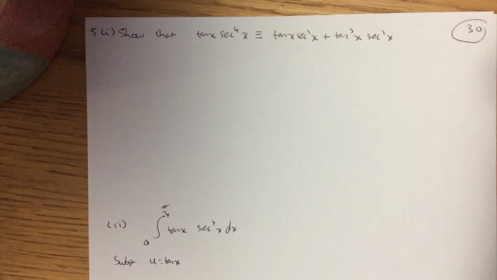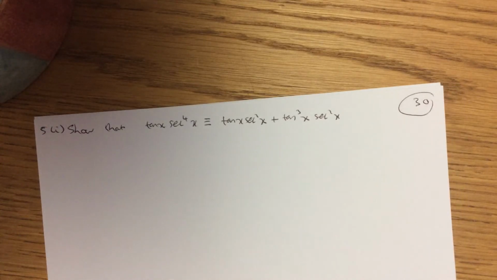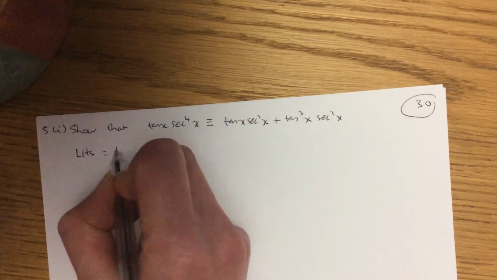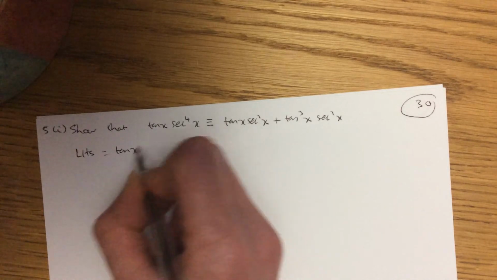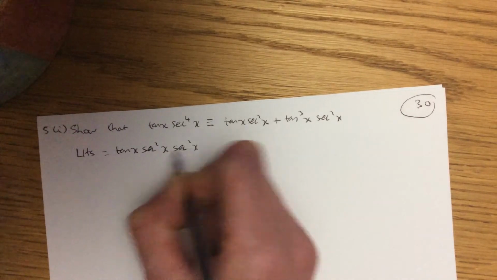Now, another couple to do from this paper. Number 5, show that tan x sec squared x can be written like this. Now, what I'm going to do is start off with the left hand side, having a wee think there. So it's tan x. I could write that as tan x times sec squared x.